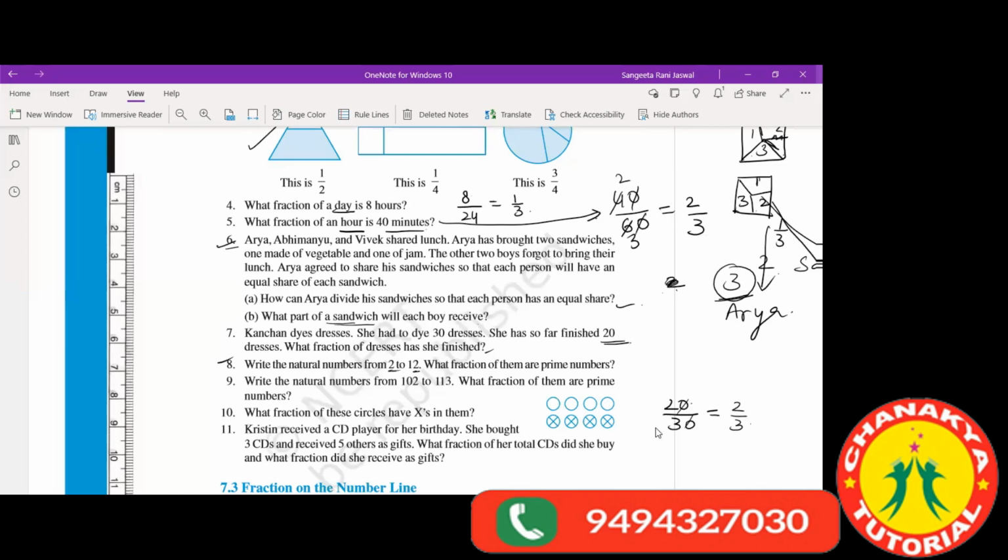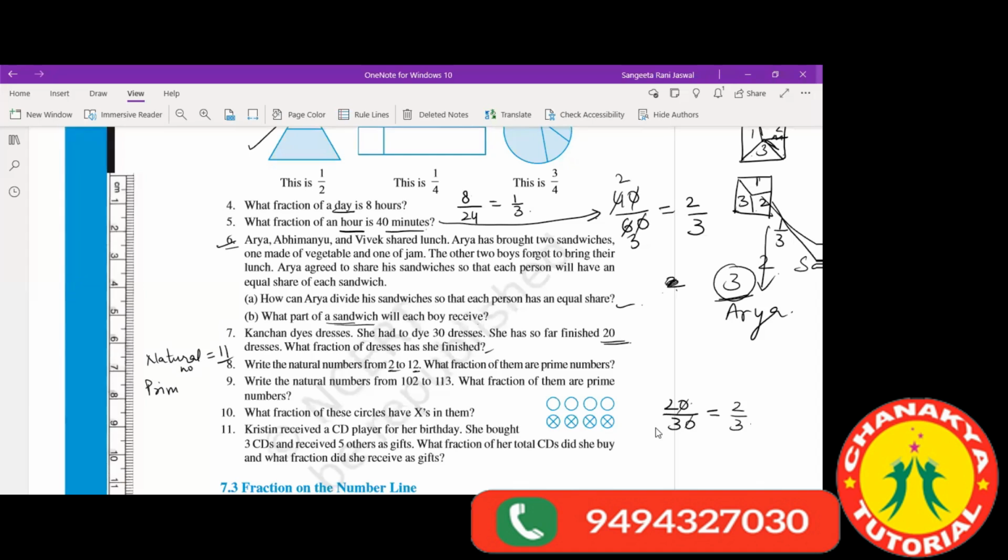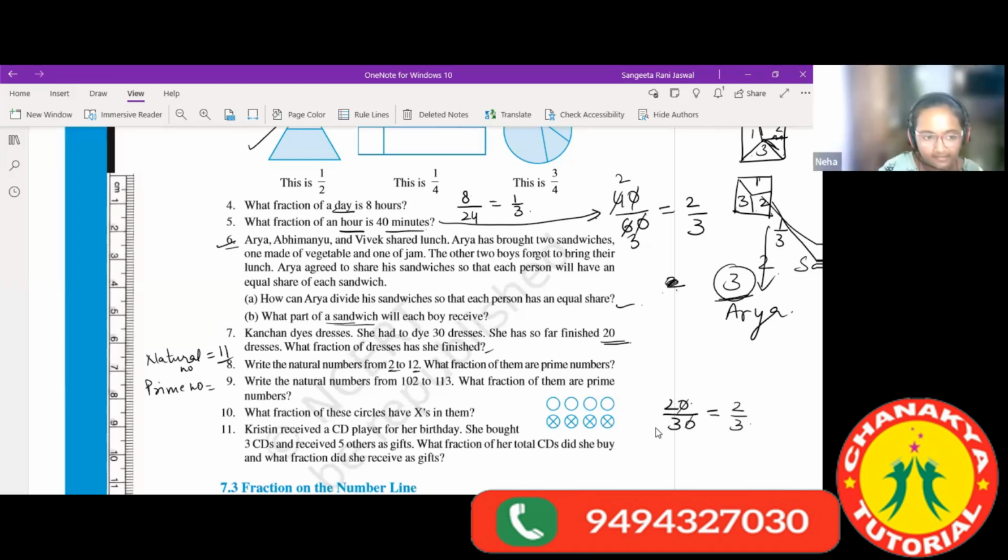How many natural numbers are there from 2 to 12? Tell me how many natural numbers there are first. Ma'am, 11. Okay. How many prime numbers are there? Ma'am, 5.